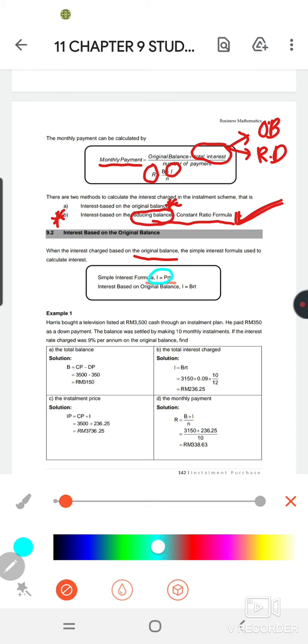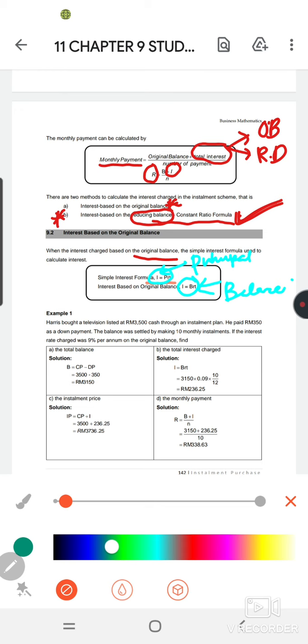So kalau interest based on original balance, sama juga formula, I equals to BRT. Cuma kat sini sebelum ni kita guna P sebagai principal, now kita guna B adalah balance. So we use formula I equals to BRT, this one interest based on the original balance.